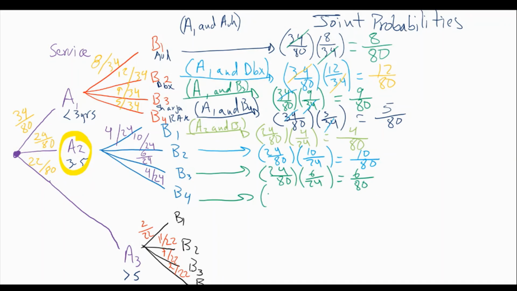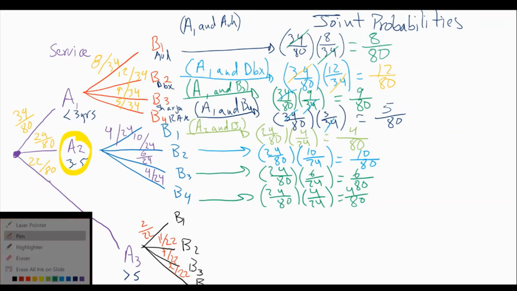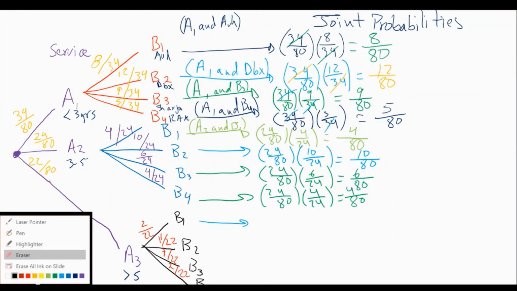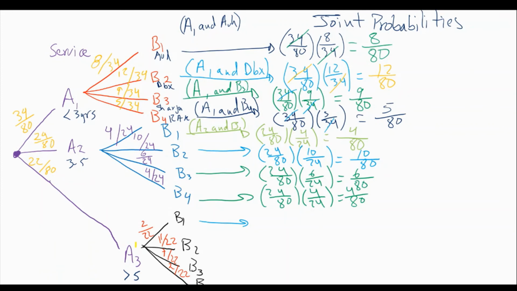Last one of the set is 24 divided by 80 times 4 divided by 24. 24s cancel each other out. 4 divided by 80. Okay. Last set. So in this last set, we're talking about the branches that have been in operation for more than 5 years by each of the locations.